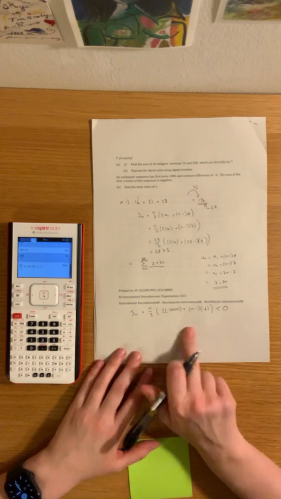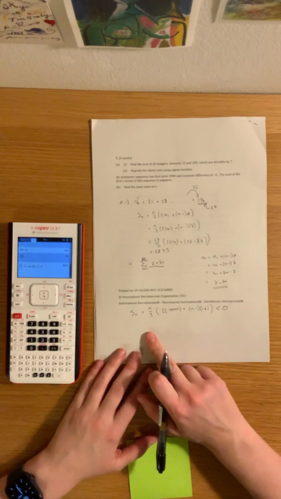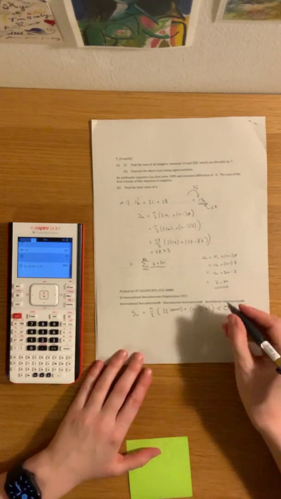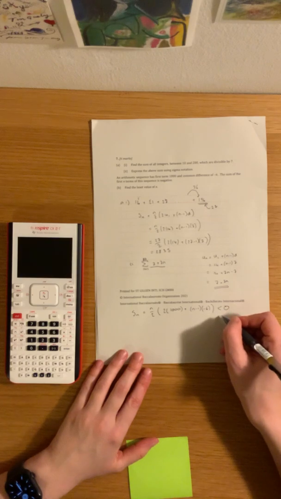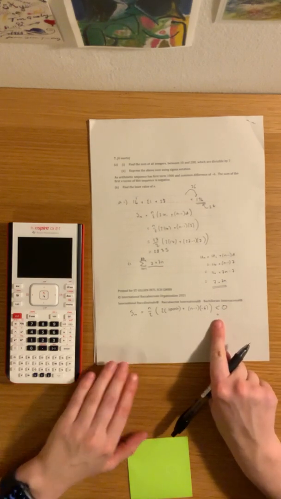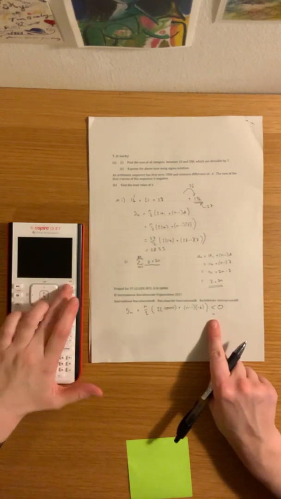Here's the thing, your calculator can't solve an inequality for you, it can only solve an equality. So I'm going to type this into nsolve in my calculator, but rather than having the less than, I'm going to use an equal sign instead with my calculator.